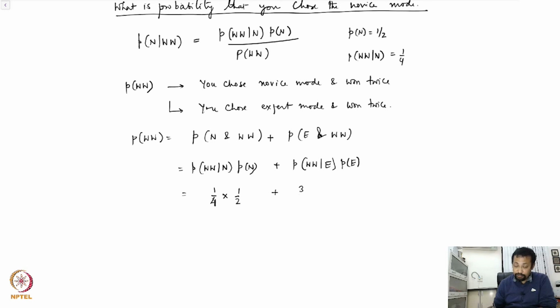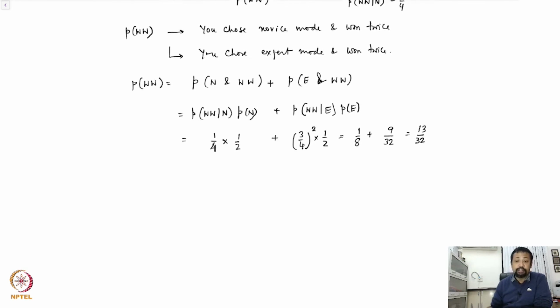And this I know is (3/4) whole square into half. And if I add everything, this is going to be 1/8 plus 9/32, which is 13/32. So now I have all the information.